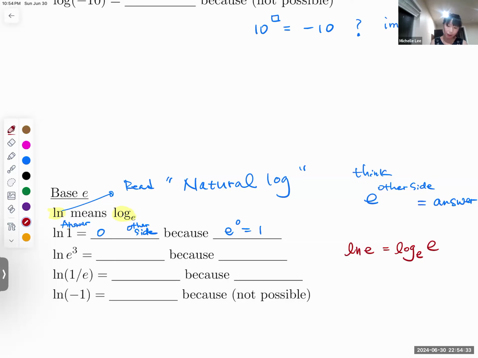Okay, so what is the other side? We have a base, and the other side to make e, right? Supposed to be 1, right? So the answer is 1, right?